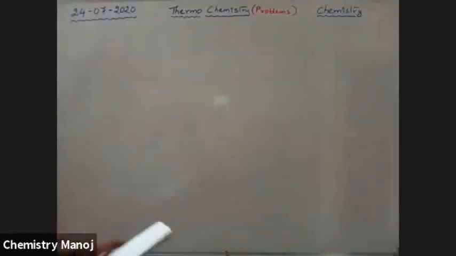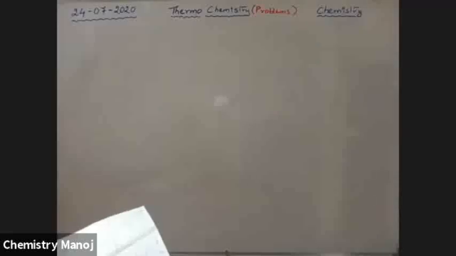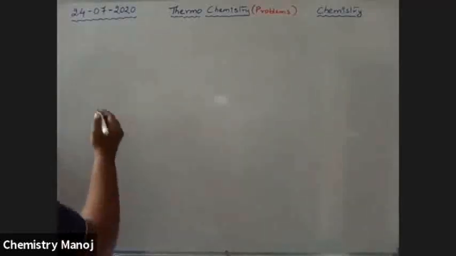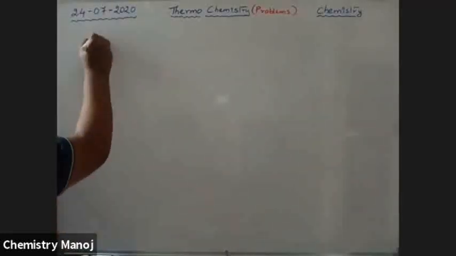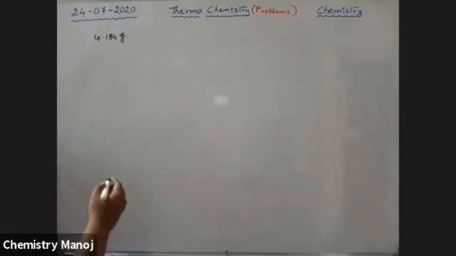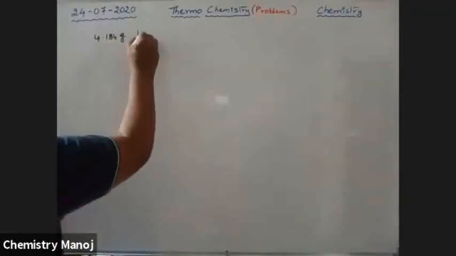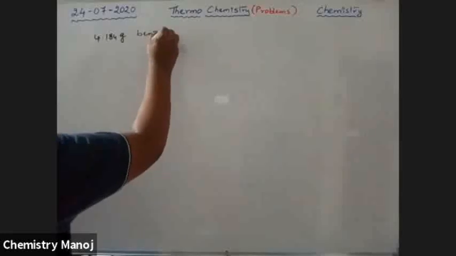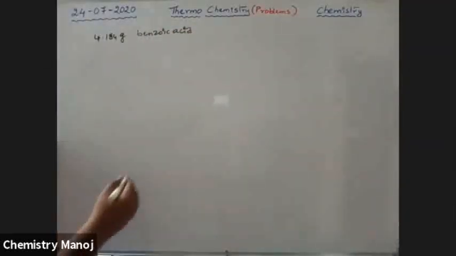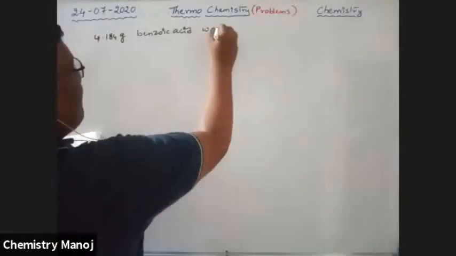Next one. See here, this is very, very important. 4.184 grams of benzoic acid was burnt in a bomb calorimeter.